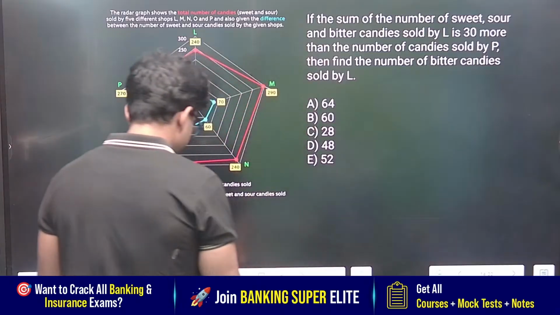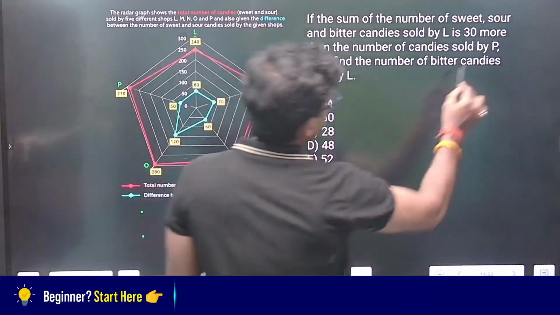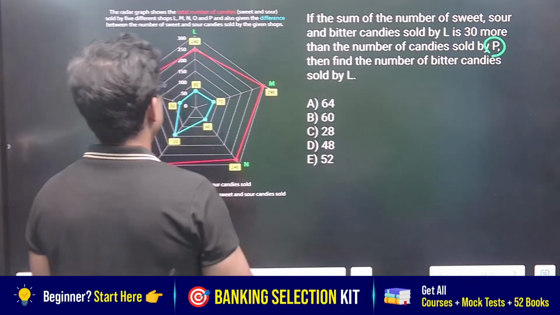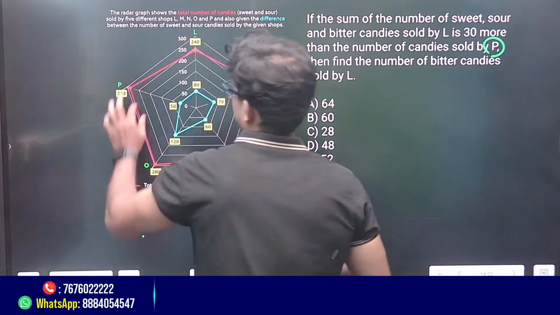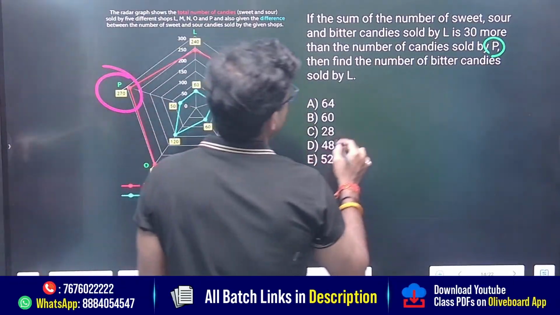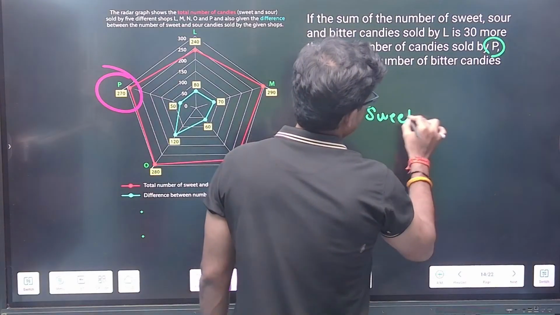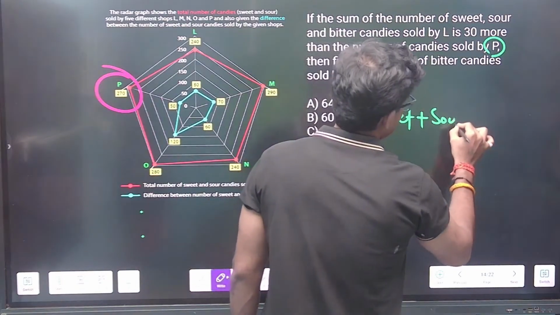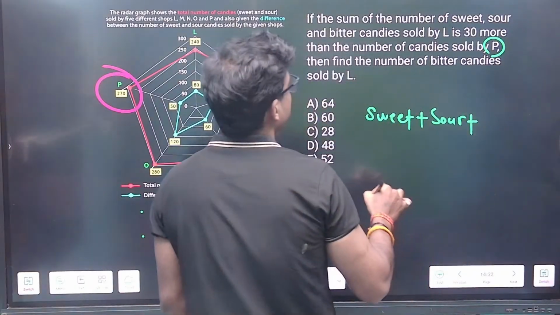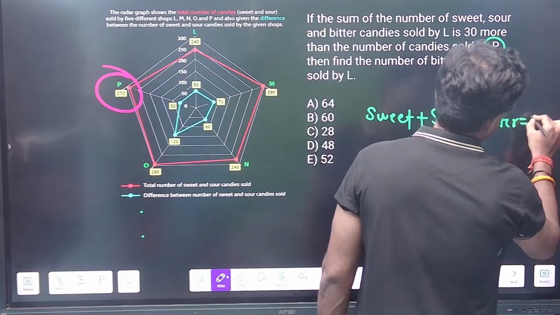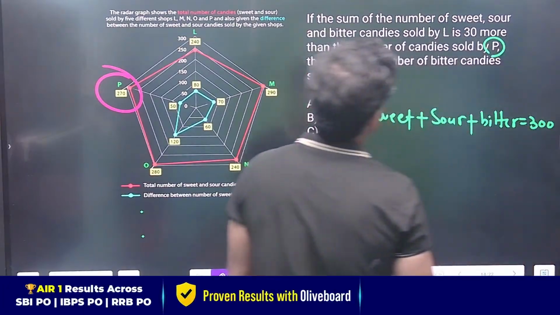Okay, first of all, we need to see P. P total is 270 plus 30 is 300. P is basically 270. Sweet, sour plus bitter. It's 300, right?